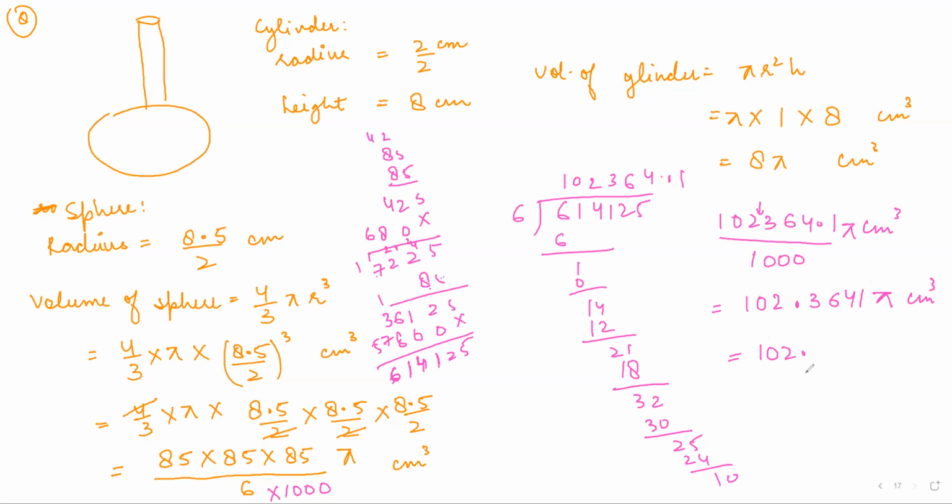It's not given, but anyway, up to 2 places of decimal at least you should take. 3, 6, because 4 is smaller than 5, so it will be 6 only, right? Centimeter cube and 1 pi. Is that understood? Yes, ma'am.